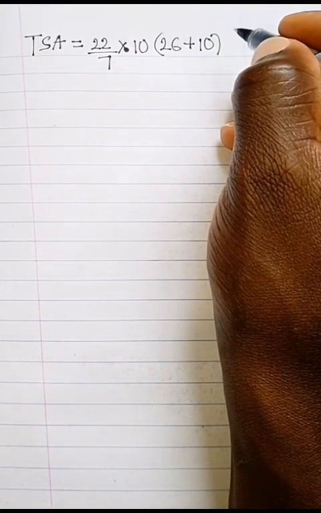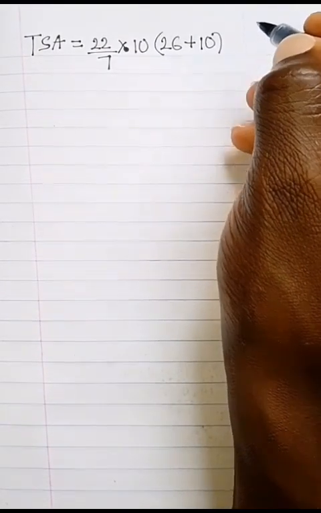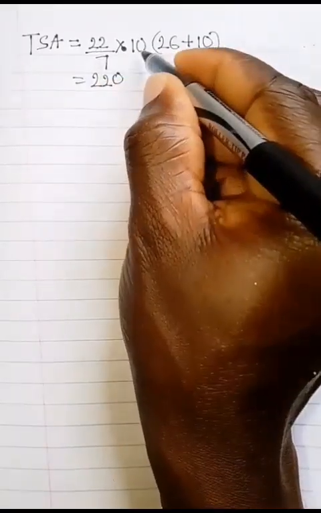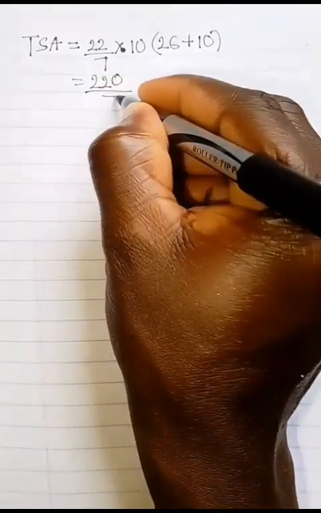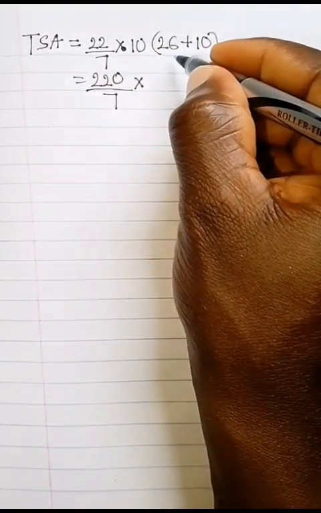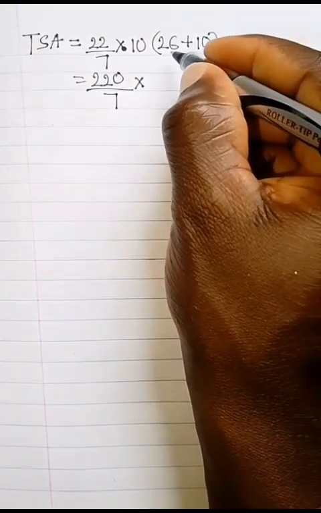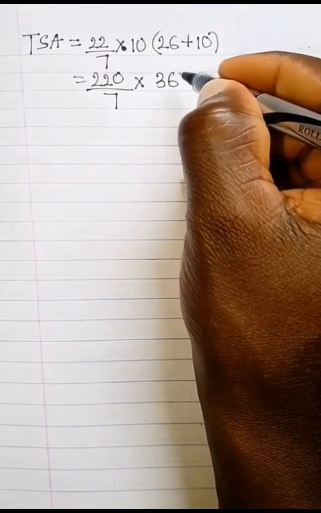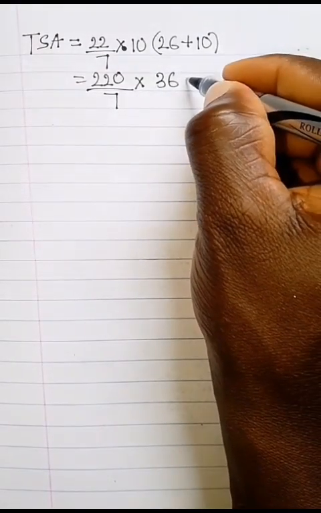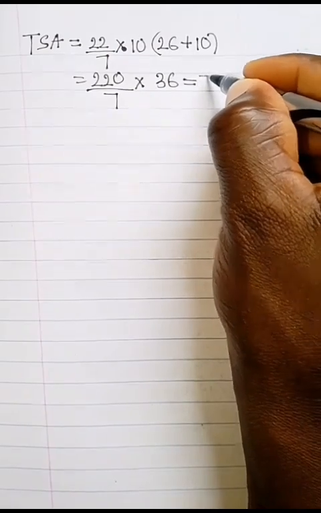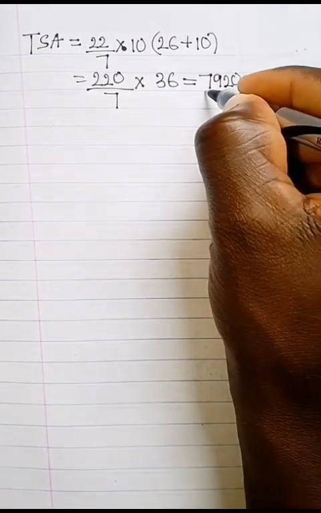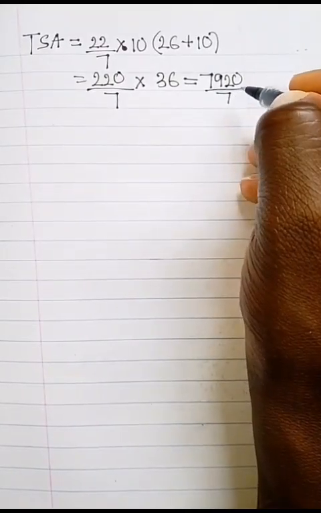We simplify further and we have 220 over 7, multiplied by the bracket. If you add from here, you have 36. On multiplication, we have 7920 over 7.